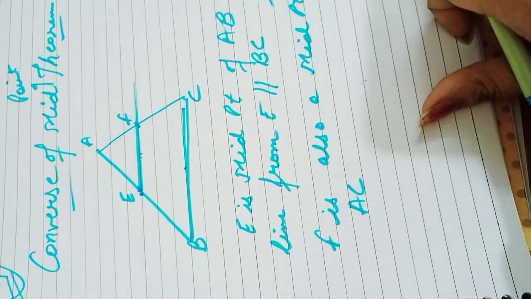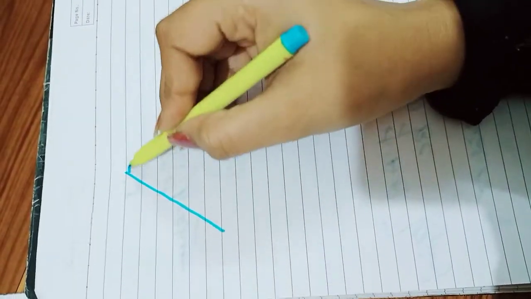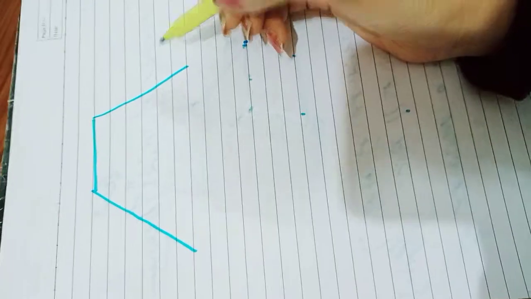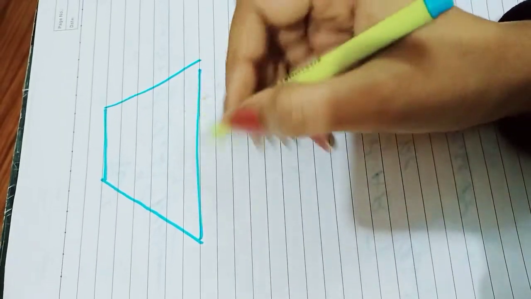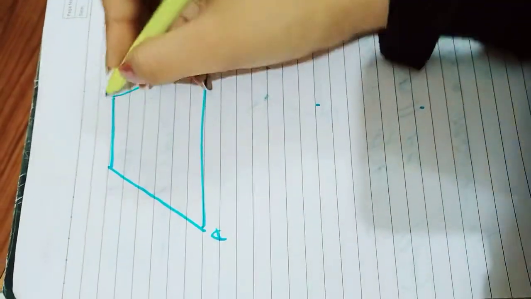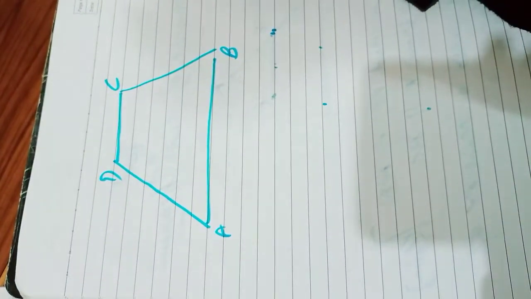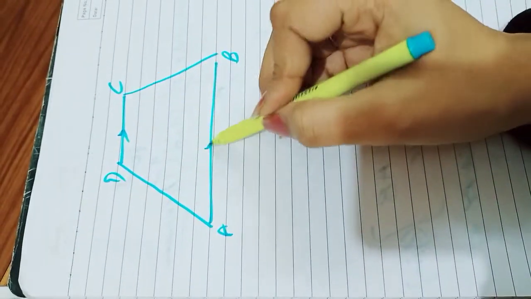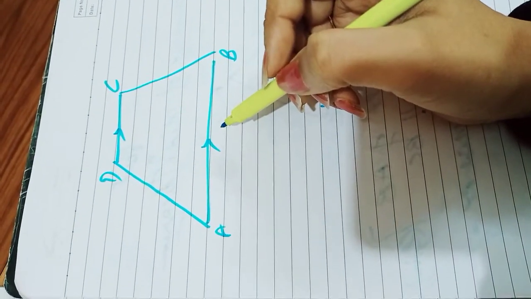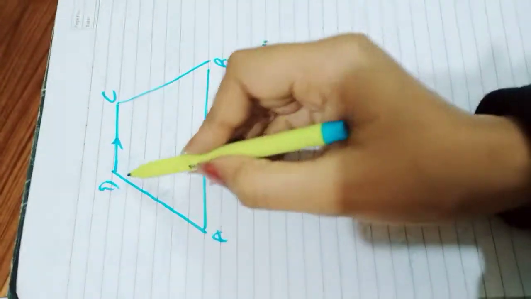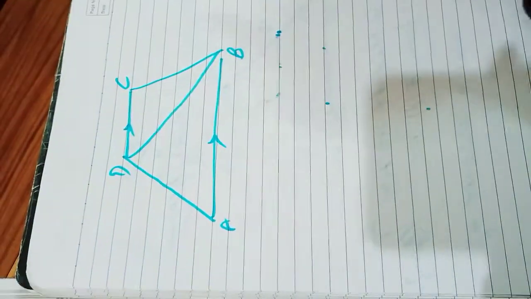What's the next question? ABCD is a trapezium. Trapezium means like this. This is a trapezium. Okay. In this trapezium ABCD, one pair is parallel, no? Given that AB is parallel to DC. Okay. BD is the diagonal. Now just draw the diagonal BD.